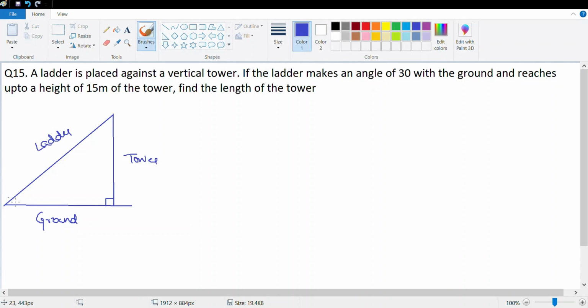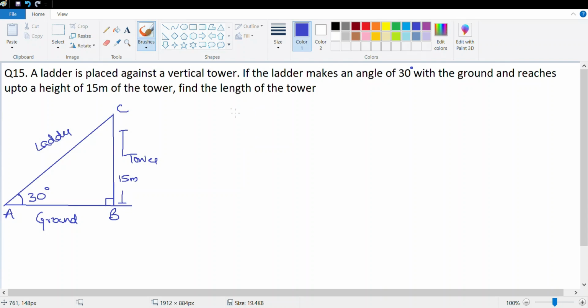Let's give them some names. Let this be point A, point B, and point C. So a ladder is placed against a vertical tower. If the ladder makes an angle of 30 degree with the ground, so this angle A here is given as 30 degree, and reaches up to a height of 15 meter, which means BC is given equal to 15 meter.